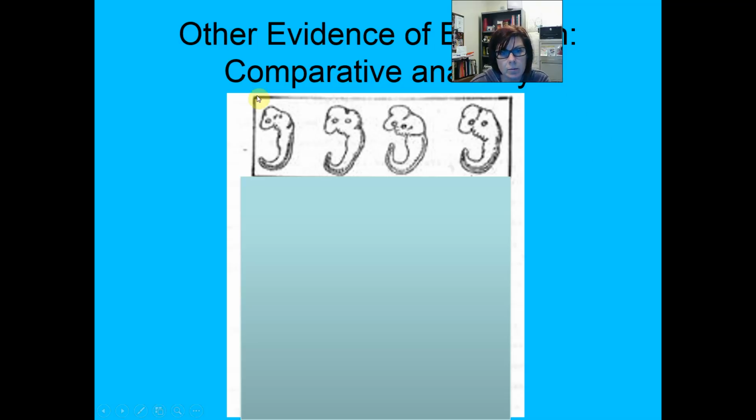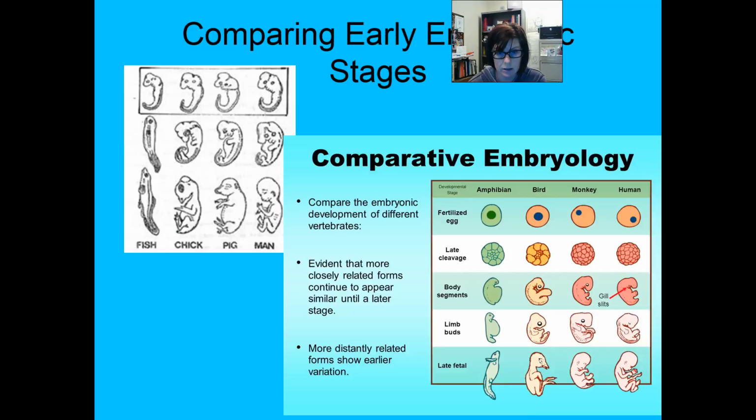By just looking at these early embryological developmental stages, you can't tell which one is which. And so this is evidence that we evolved from a common ancestor because we see these shared developmental designs. There you can see the fish, the chick, the pig, and man.